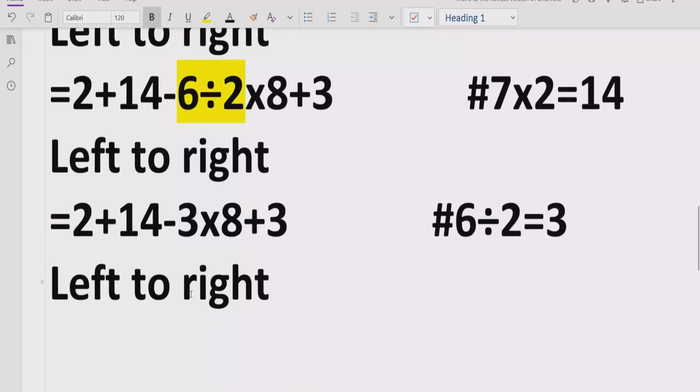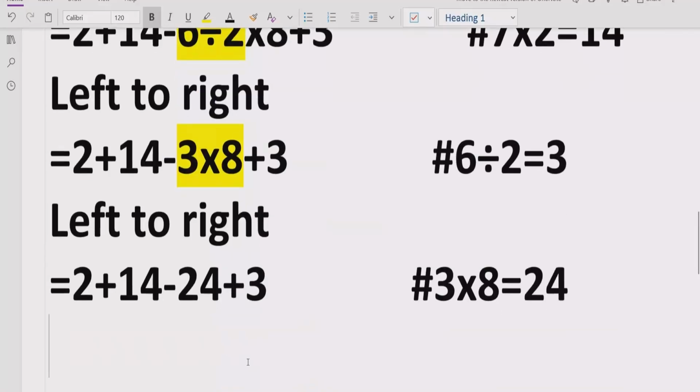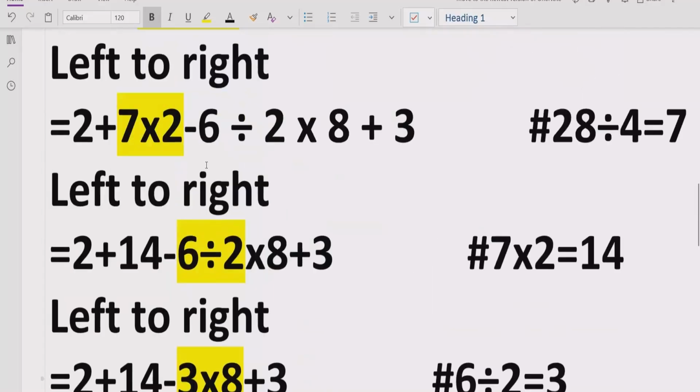So now this time we have 2 plus 14 minus 3 multiplied by 8. First we have to solve this one. 3 multiplied by 8 equals 24 plus 3 right here as it is. So 3 multiplied by 8 equals 24. Now we have solved all multiplication and division.